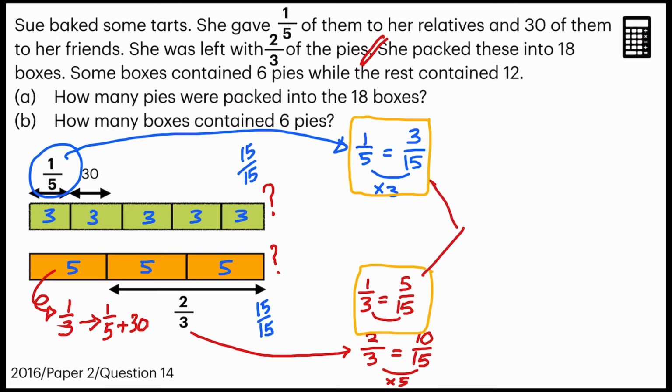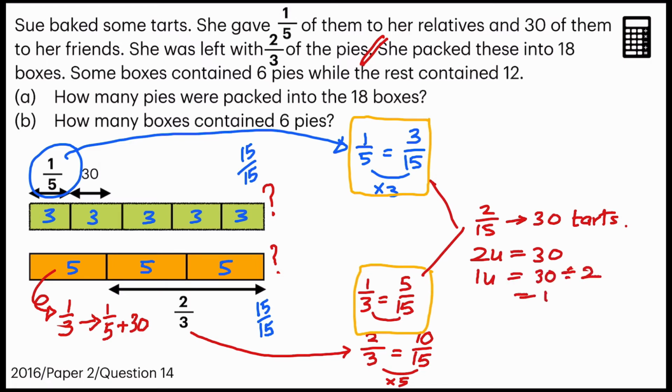You can tell that 2 out of 15 is equals to 30 tarts. And once we have that, we can solve first part of the question. Okay, so I will have 2 units equals to 30. 1 unit is equals to 30 divided by 2 equals to 15.